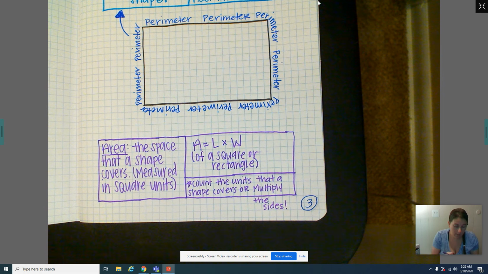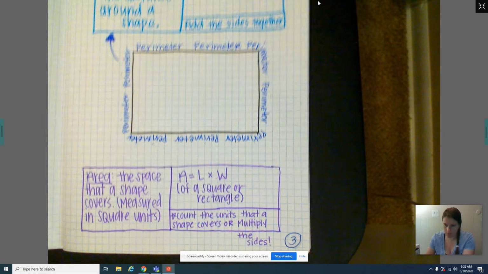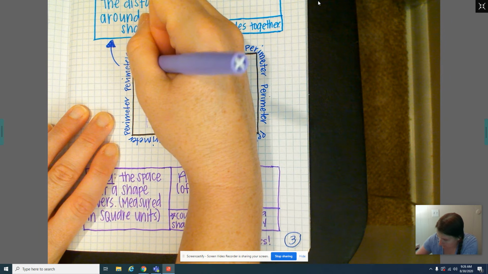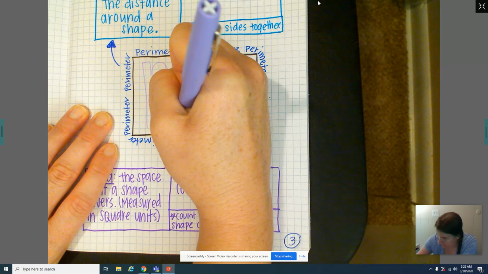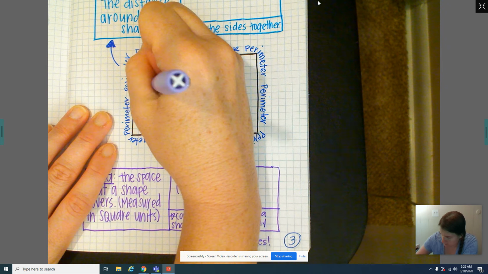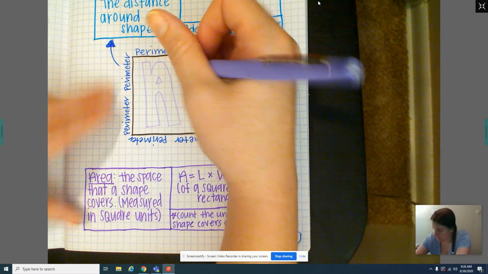Okay, now we got to go back to our box in the middle. I'm keeping my purple theme here. I'm going to write the word area in big letters. Now I'm going to do bubble letters. You don't have to do bubble letters unless you feel confident in your bubble letters.